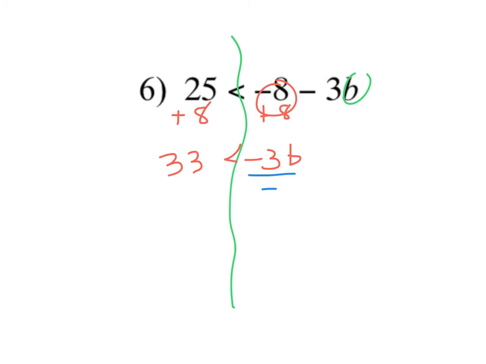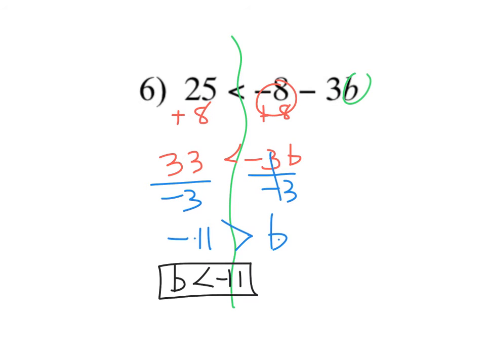Now divide by negative 3, change the sign. Okay. 1b equals a negative 11. B is less than negative 11, so I could write B is less than negative 11.